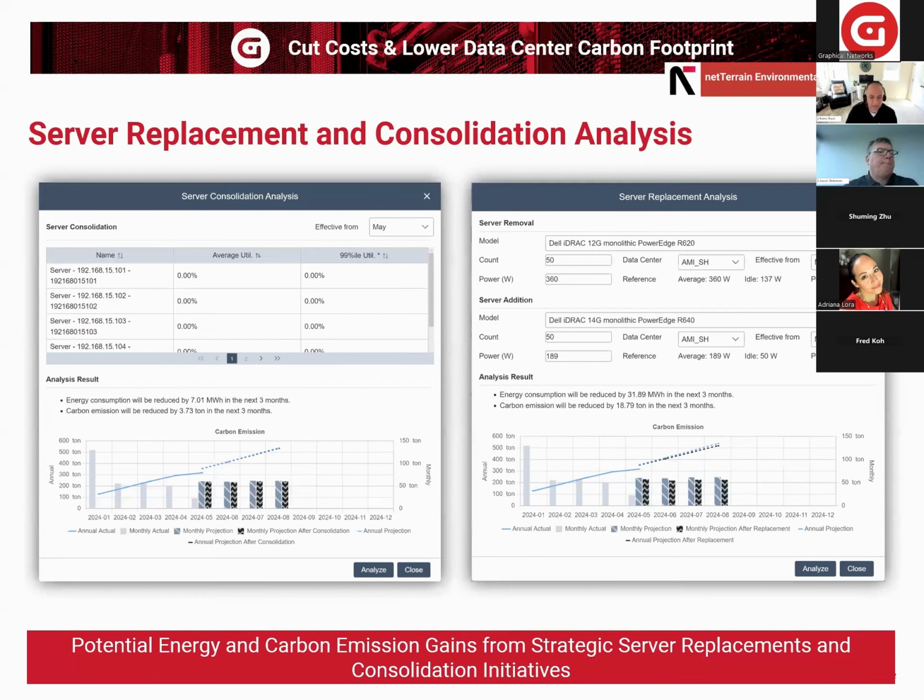So that shows you the graph on the left side there, and shows you the change that would be affected by that reduction in underutilized servers. Of course, graphically it's not so visible, but value-wise, it's 7 megawatts over the next 3 months.